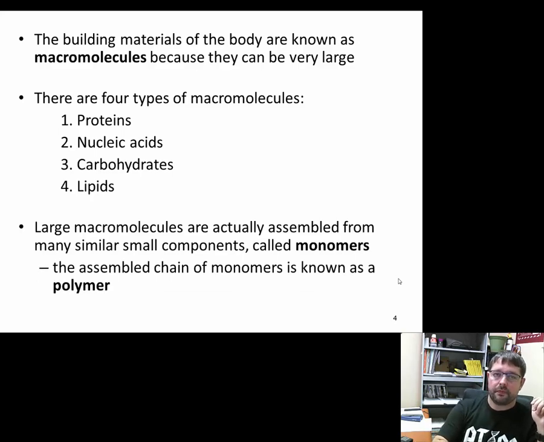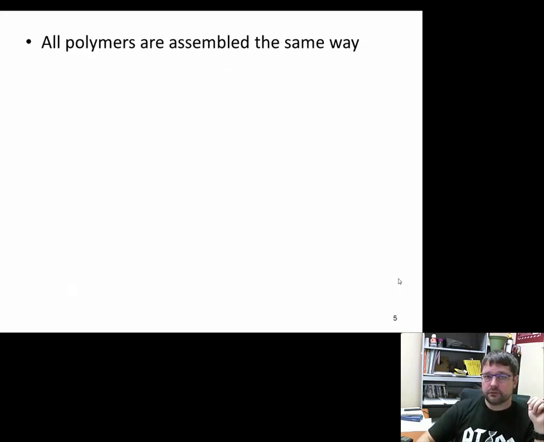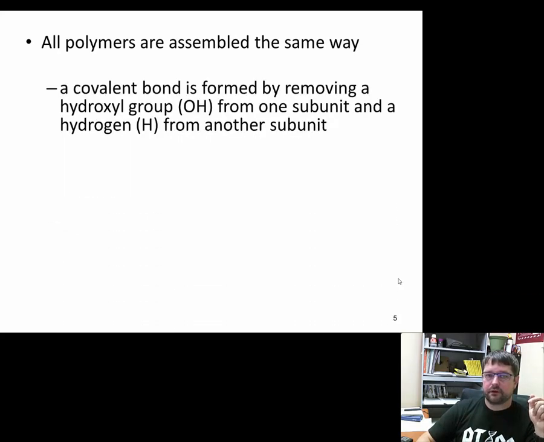So when you combine a bunch of monomers, we then call that chain or that ring, whatever structure it takes, a polymer. And all polymers are assembled the same way. A covalent bond is formed between one monomer that ends in a hydroxyl group and another monomer that ends in a hydrogen.